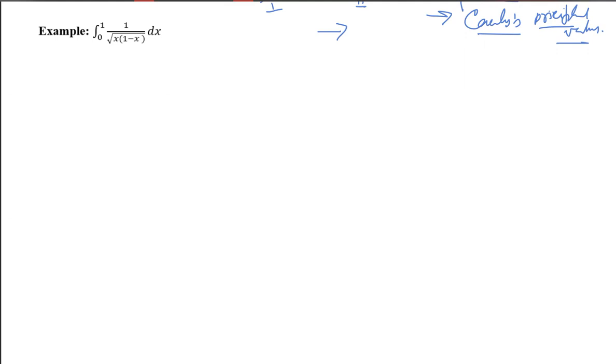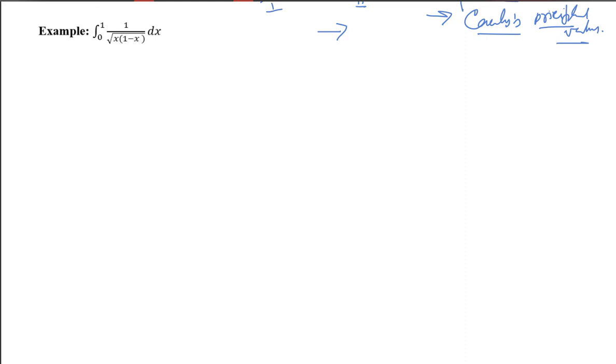So first of all, we'll do this example. Here we have considered the integral from 0 to 1 of 1 by root under x into 1 minus x dx. At x equal to 0, the functional value is tending to infinity. At x equal to 1 also, the functional value is tending to infinity. So at both the endpoints we have infinite discontinuity. So what we'll do, we figure out some value between 0 and 1 where we have a finite point.